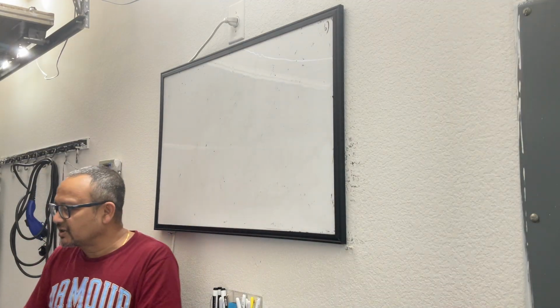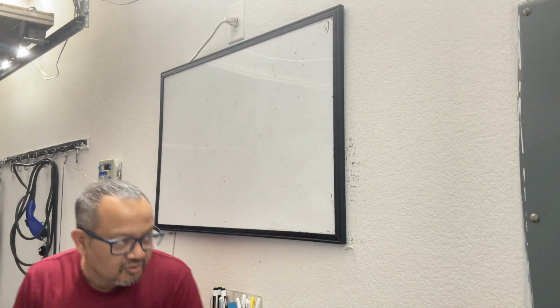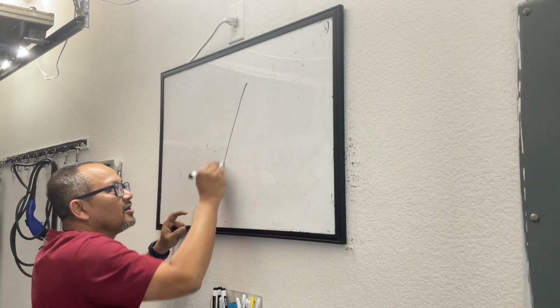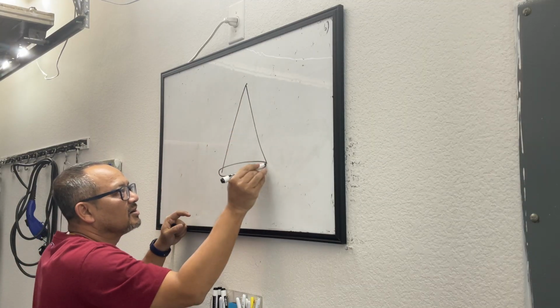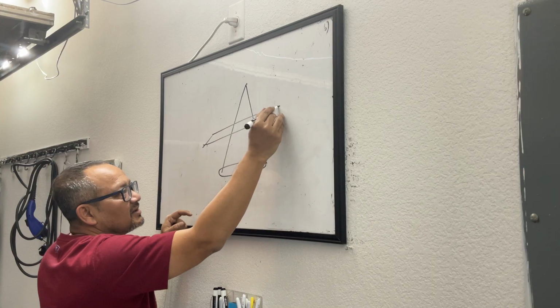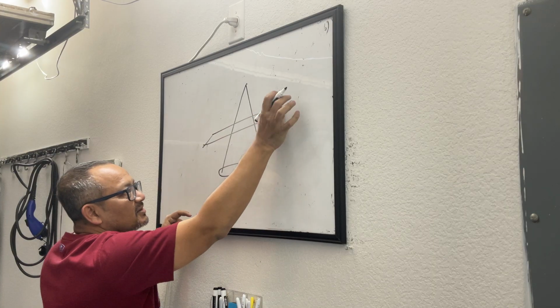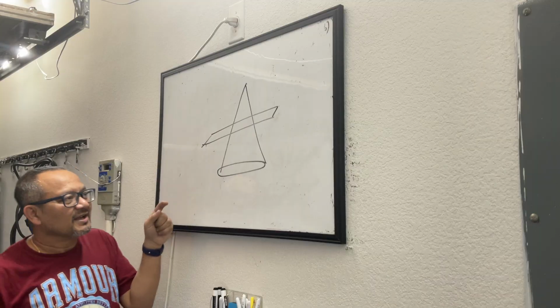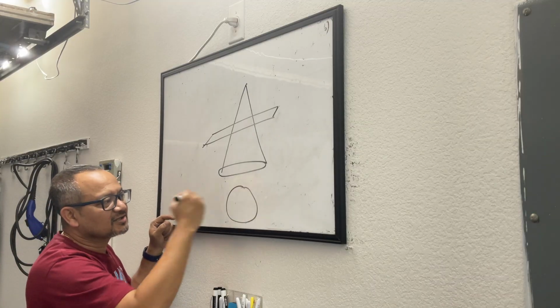We started with a cone being cut horizontally, and this surface creates a circle.